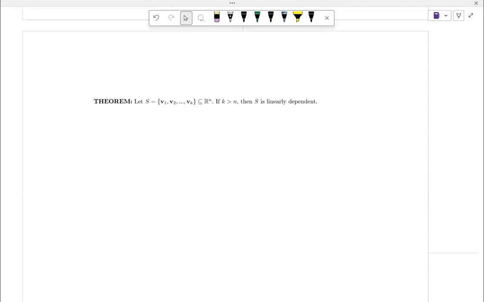Remember, the idea was to take the vectors and make columns, right? There'll be k columns because there's k vectors. How many rows? N, because each one's coming from Rn, so there'll be n components. So you'll have an n by k matrix, n rows, k columns.